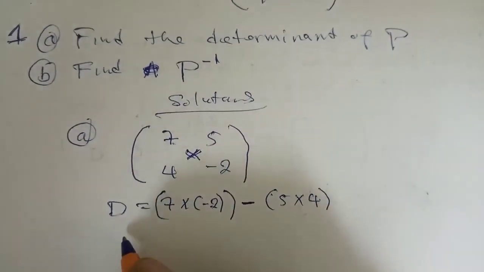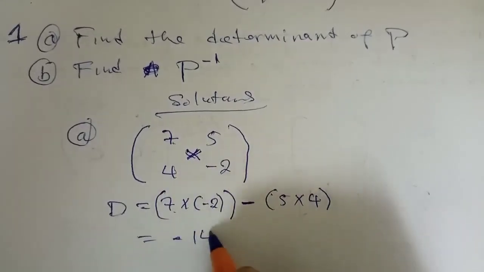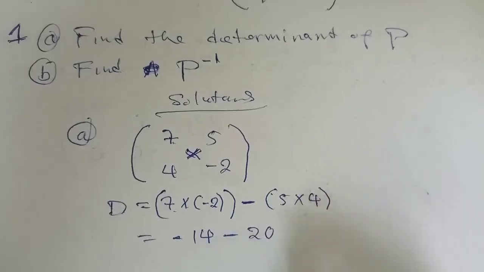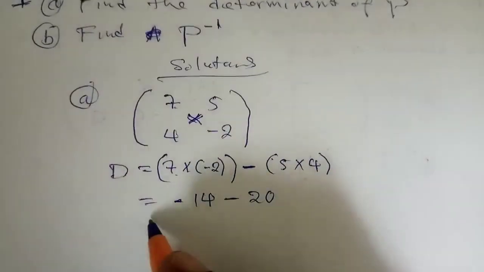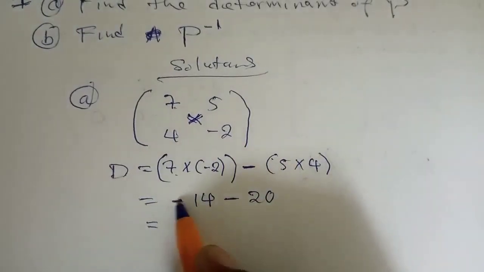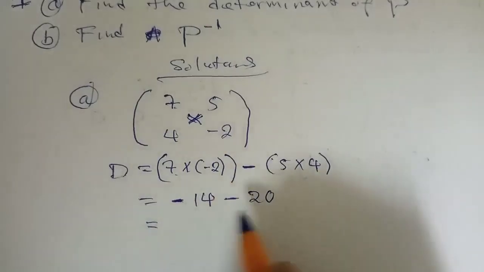So the determinant is equal to 7 times -2, which is -14. Then you put the negative: 5 times 4 is 20. Now you need to find the answer. These ones have the same sign, so they go to the negative side.